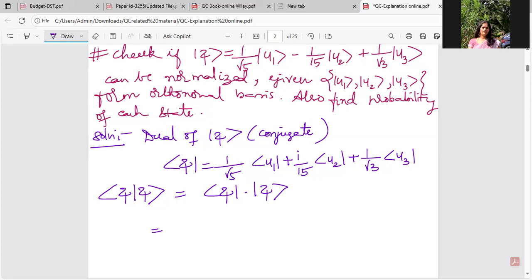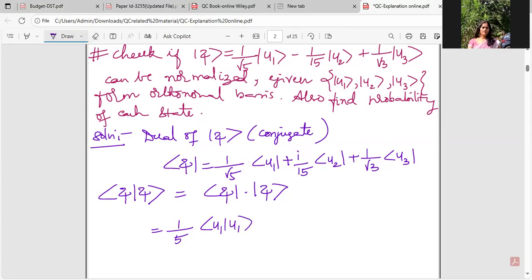So I have both of them. 1 by root 5 into 1 by root 5 is 1 by 5, with inner product of u1. Then i into i is i squared, so I will have 1 by 15 inner product of u2, plus 1 by 3 inner product of u3.